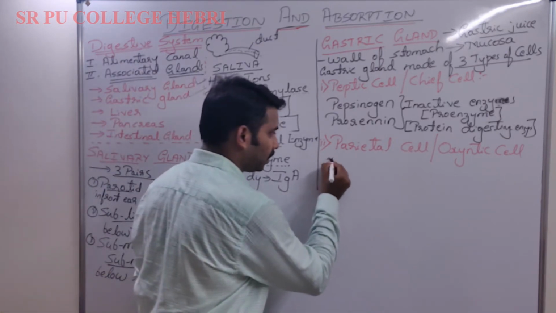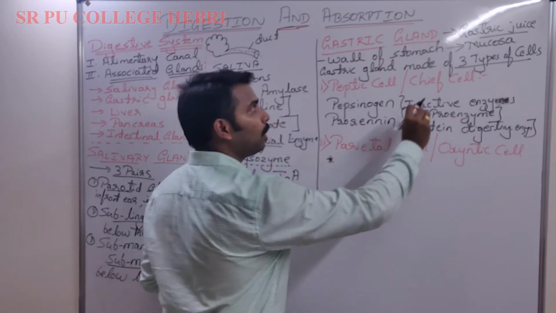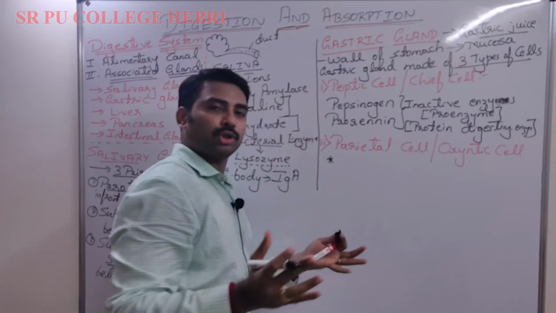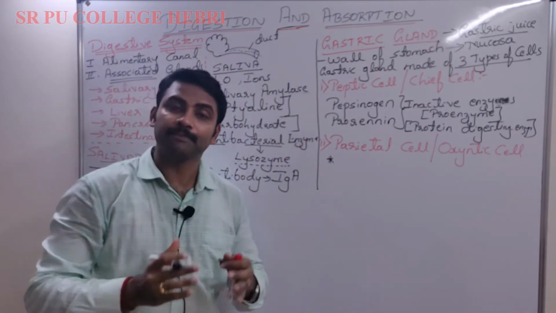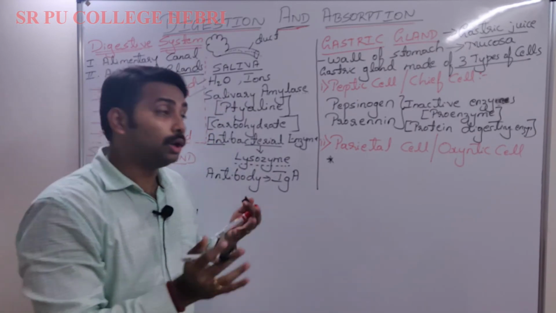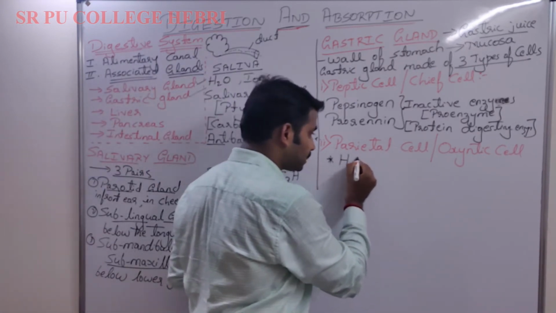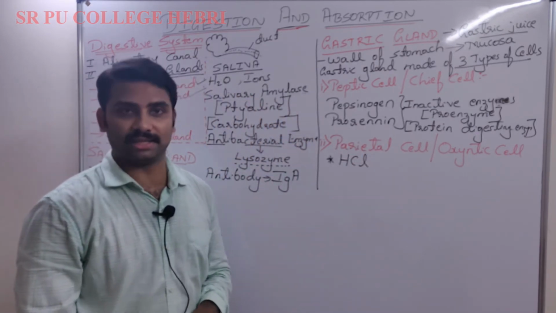What is its job? Its first job is to produce acid of the gastric juice. I'm sure you know that the gastric juice present in the stomach is acidic or basic? Acidic. Due to what? Due to the presence of, yes, very good recall. What is that? HCl, hydrochloric acid, right?